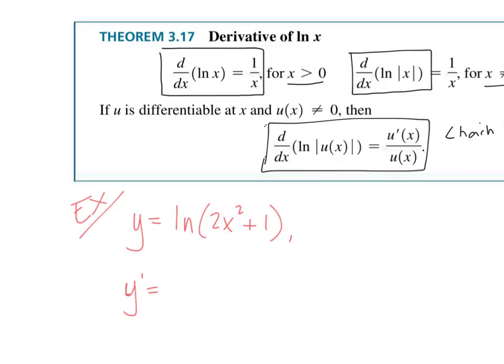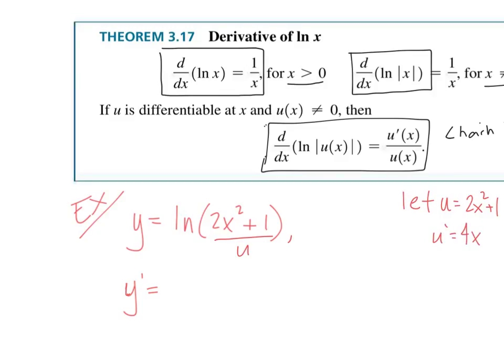So what I want to do first is use the chain rule here. I'm going to let this inside function be u. So if I let u equal 2x squared plus 1, then I can find my derivative of that, u prime, and that's just going to be 4x.